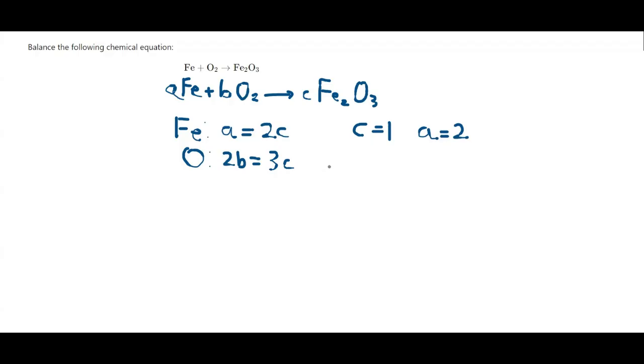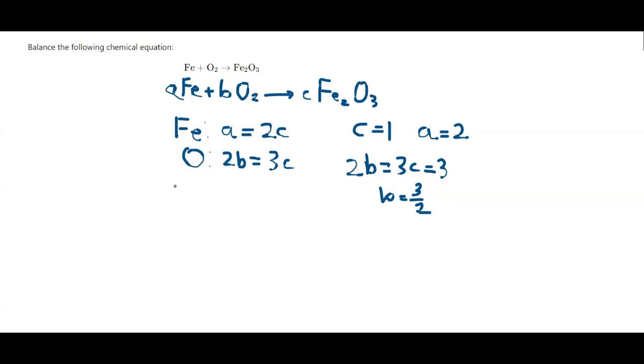And my B, 2B equals 3C, which is equal to 3. B is equal to 3 over 2. However, I do not want to leave my chemical equation in a fraction form for the coefficient. So I'm going to multiply by the denominator 2.